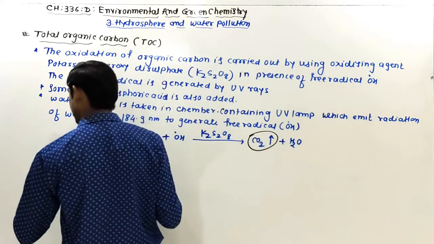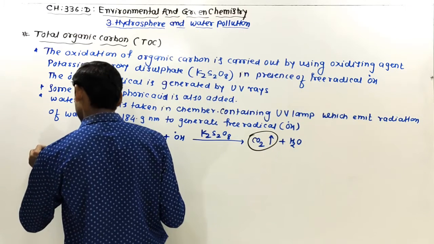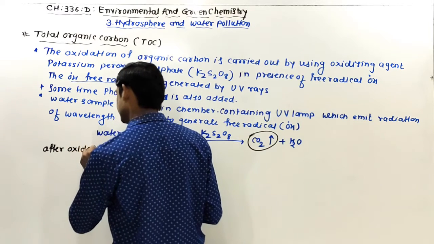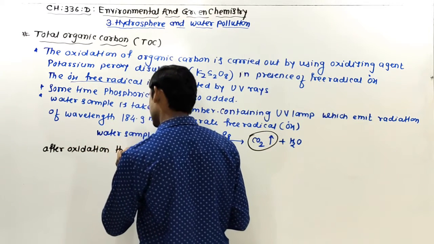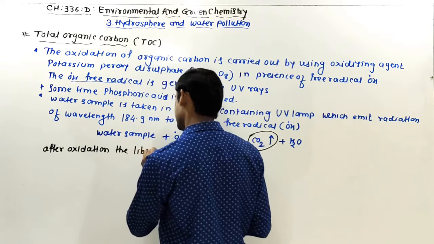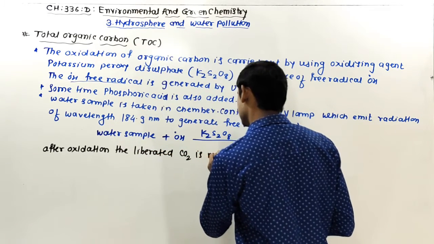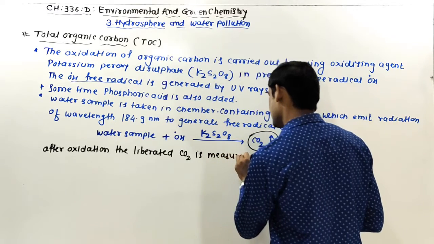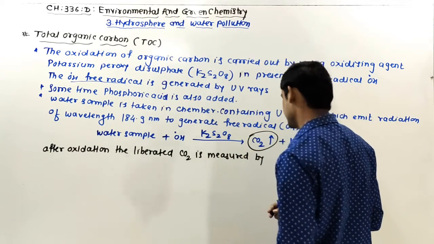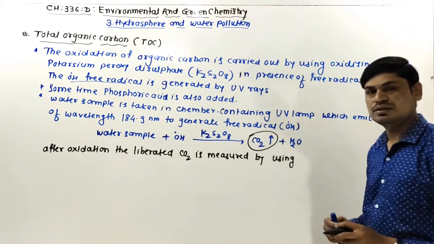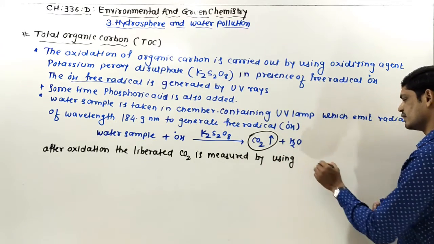So after oxidation, the liberated carbon dioxide is measured by using gas chromatography.